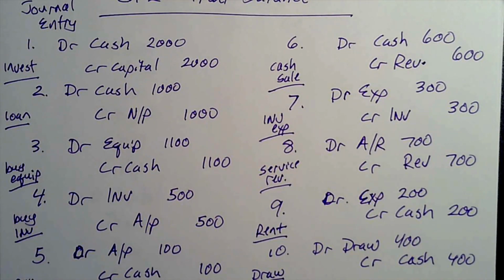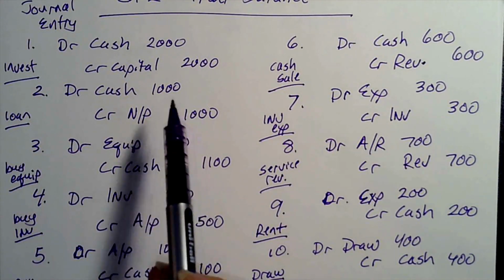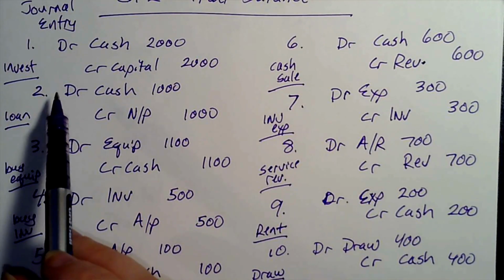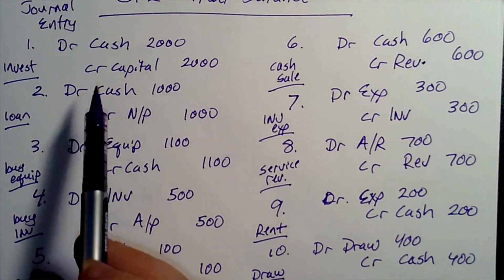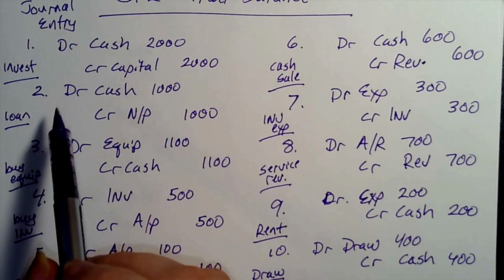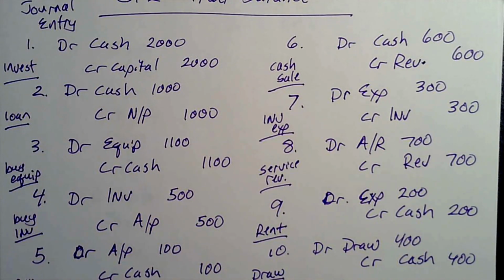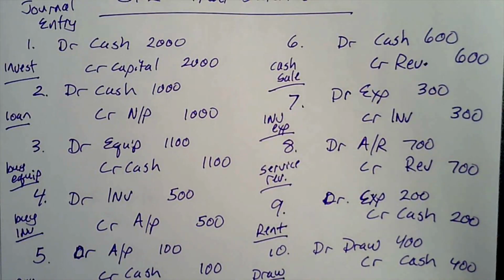Now what we do from here is we go to the second stage where we take each individual transaction. These could have happened over the month, and we're going to break them apart. The journal entry format is looking at every transaction individually. This is one transaction, this is another transaction. But if I wanted to know all the cash parts of all the different transactions, we post this to the ledger.